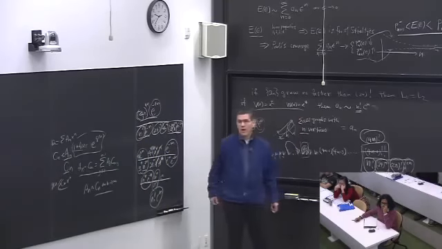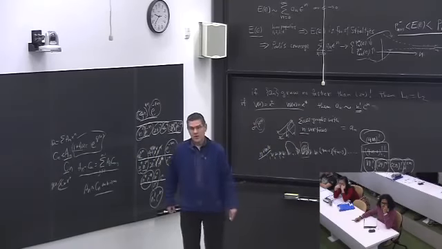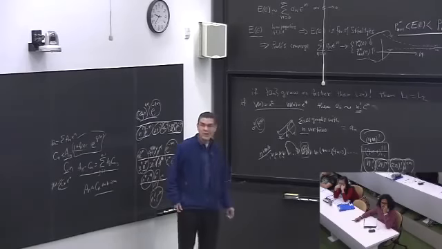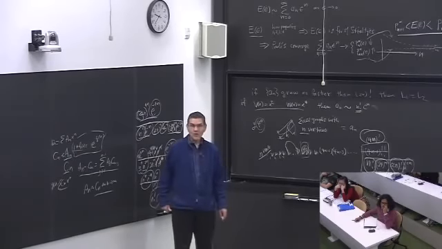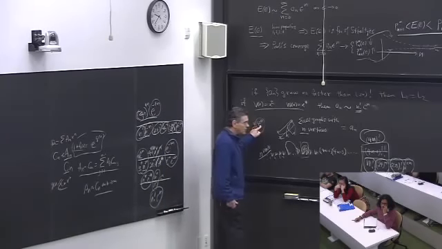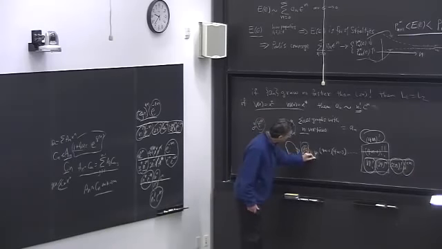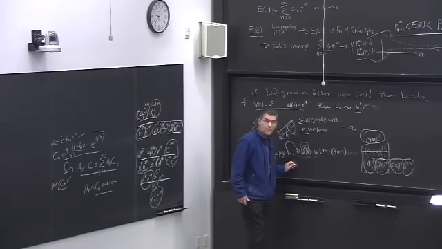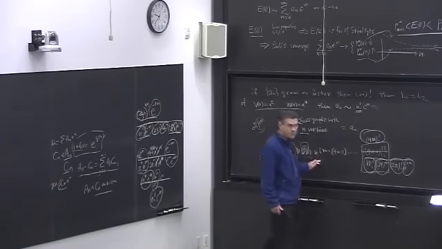So if you repeat this argument, however, for a phi to the sixth theory, you can sort of see what's going to happen. If instead of a phi to the fourth theory, we did a phi to the sixth theory, then there would be two more lines coming out of all of these vertices. Okay?